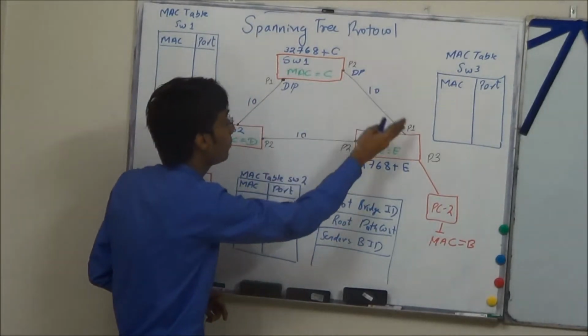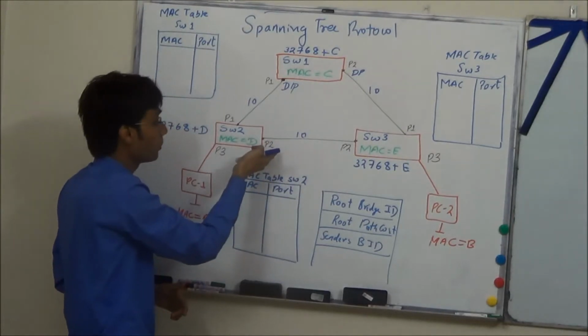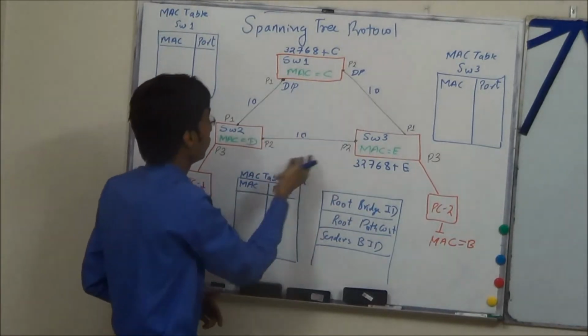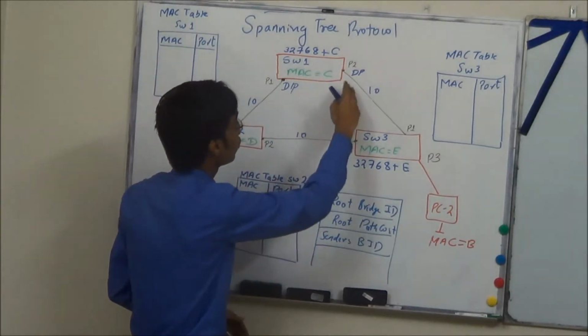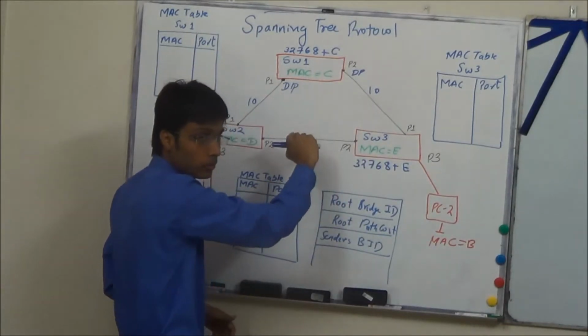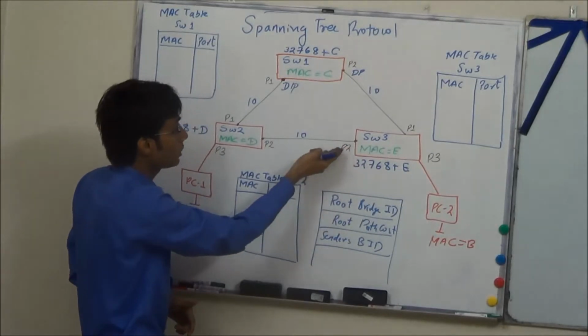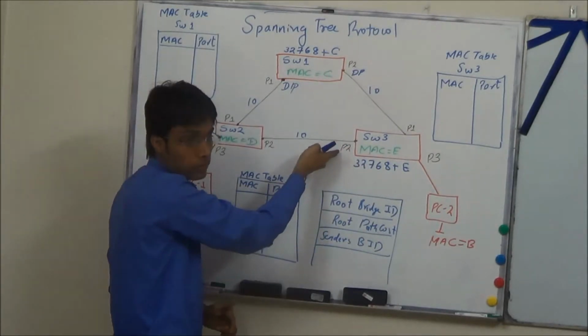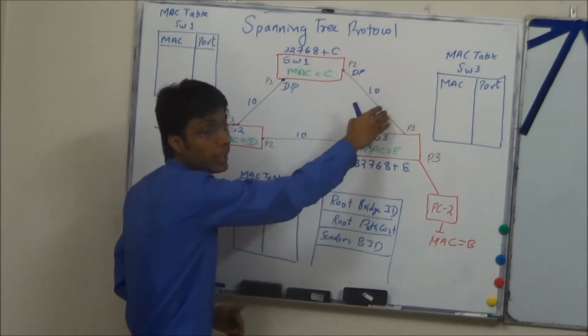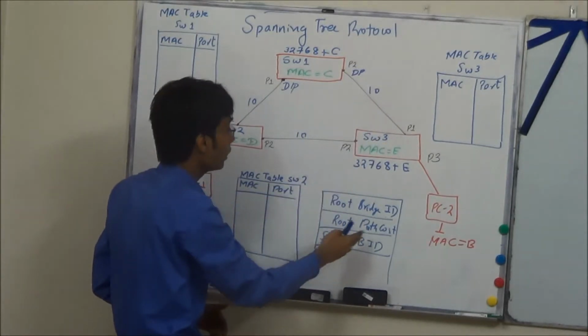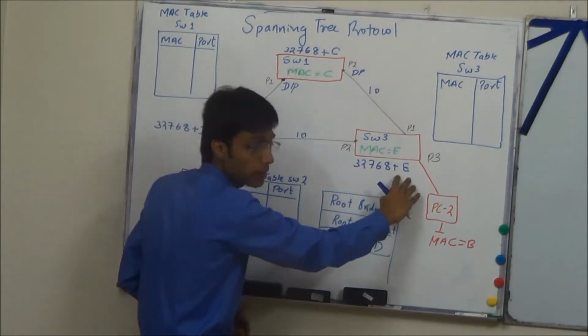Similarly, it will receive a BPDU through this path at port P2. What it will receive through port P2 is root bridge ID of 32768 plus C, RPC here it was 0, and now after this switch 3 will send with RPC of 10 because it adds the cost of the link, and the sender bridge ID definitely 32768 plus E.